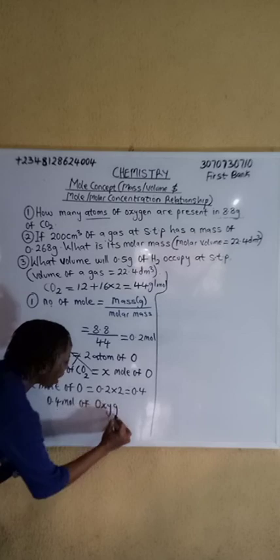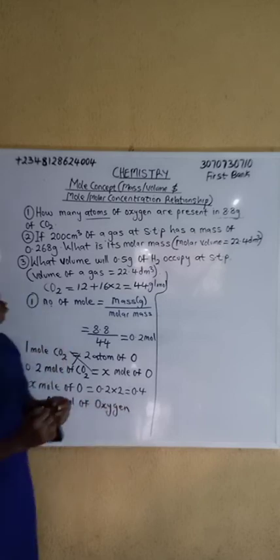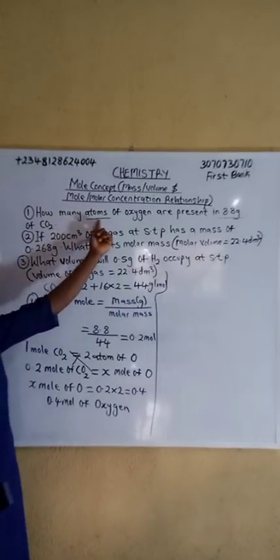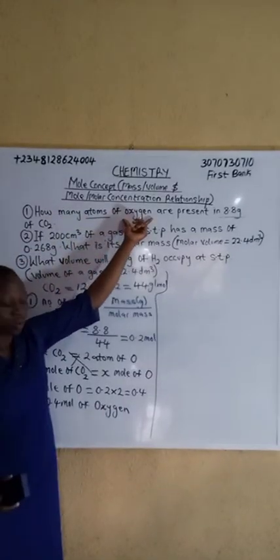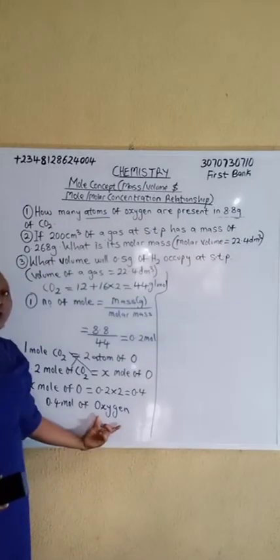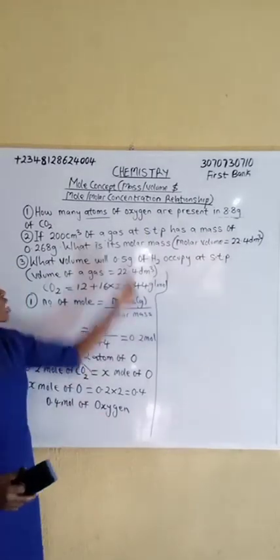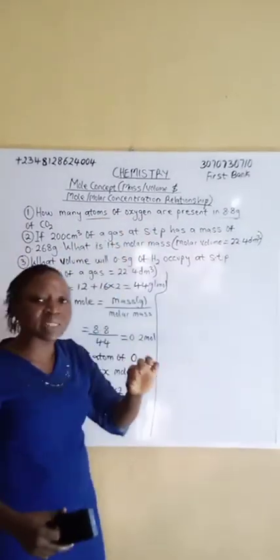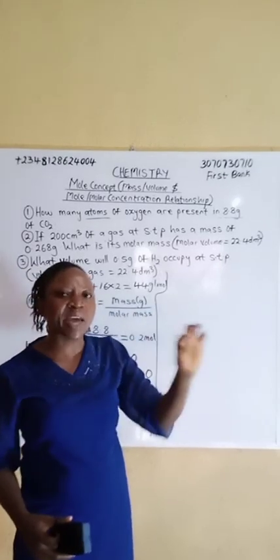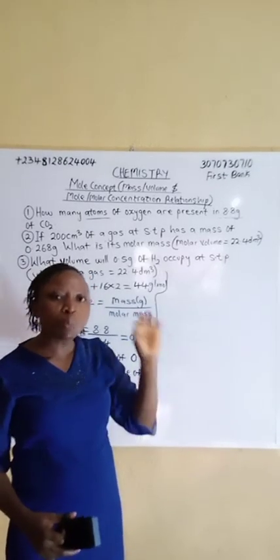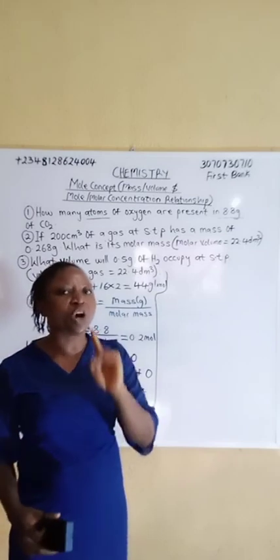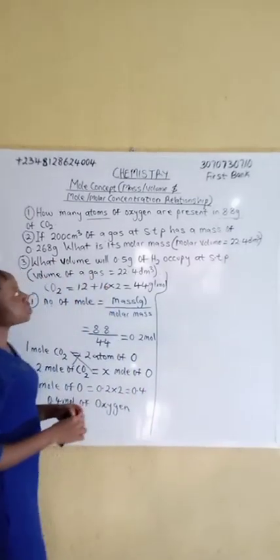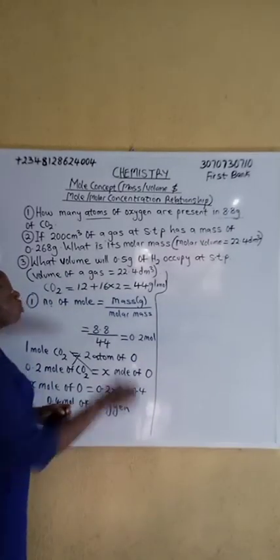We are going to need the number of mole to calculate the number of atoms of oxygen. We have gotten the number of mole of oxygen now. Then we need to calculate the number of atoms. We should not forget that 1 mole of any atom is equal to Avogadro's constant.